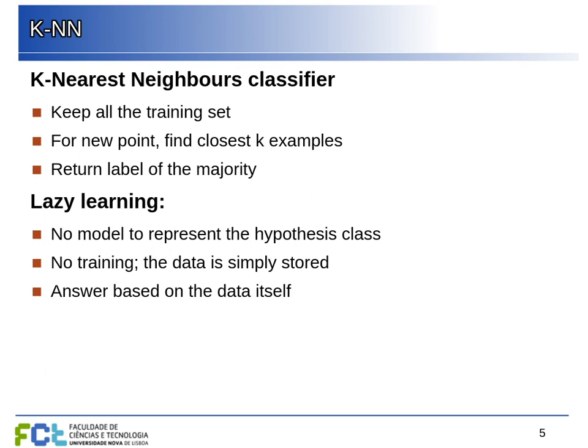Then when we need to predict the class for a new point, we look up the training set to find the k closest examples that we have in the training set, those that are closest to the point we want to predict, and then we predict the class for this point by the majority vote of these k examples that are closest to it. This is lazy learning because we don't have a model to represent the hypothesis class.